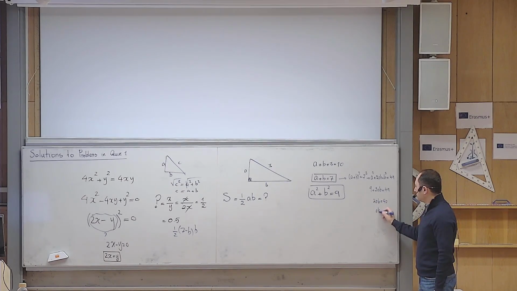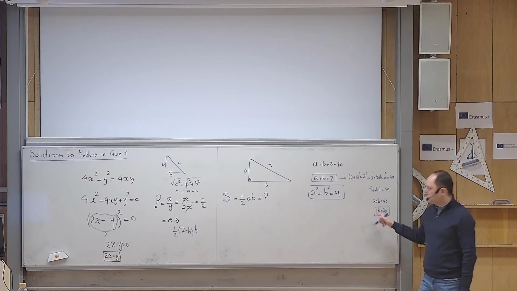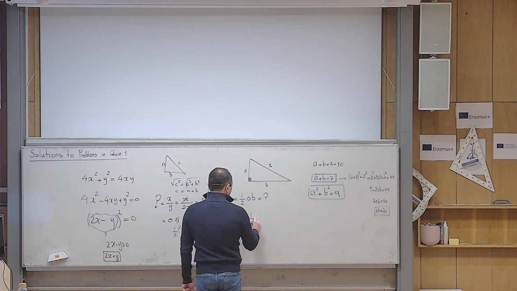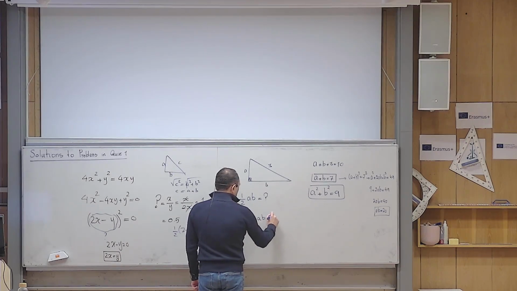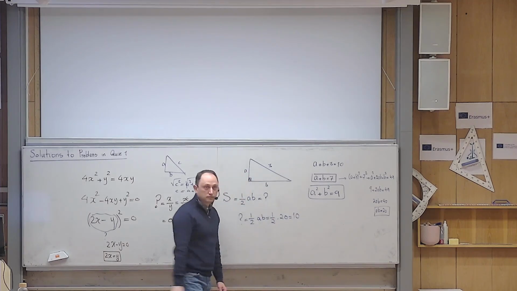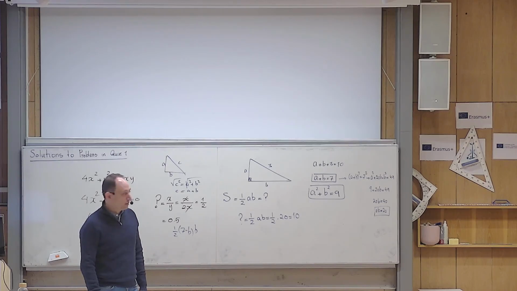What is your AB? What do I need? I need AB. So I put it back here. The question mark is not AB, it is 1/2 of AB. And this becomes 1/2 times 20, which is 10. So the area is also equal to the perimeter from the number point of view.